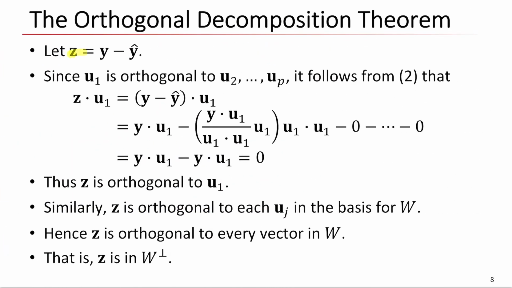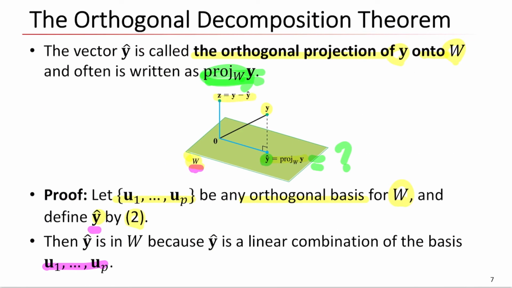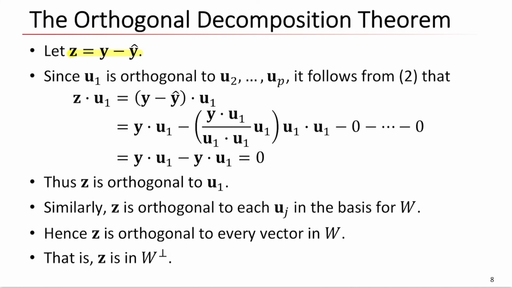And then let's say z is equal to y minus y hat by definition, right? And since u1 is orthogonal to the remaining vectors, such as u2 through up, what I want to do is to find z inner product u1.